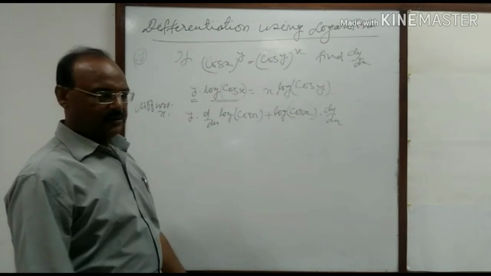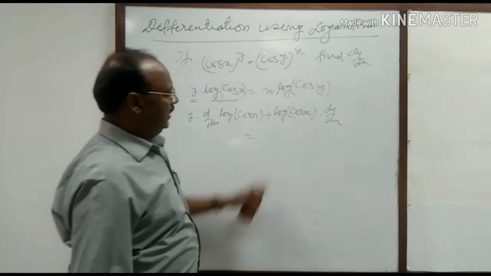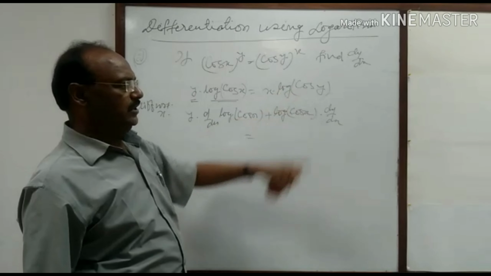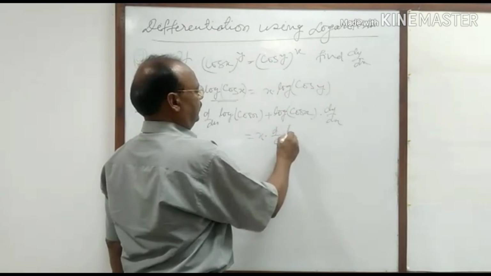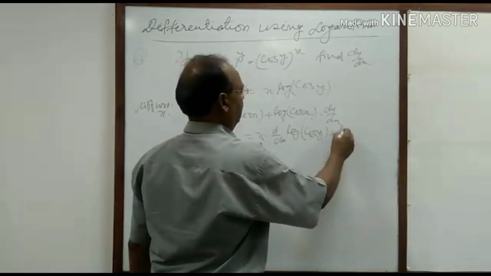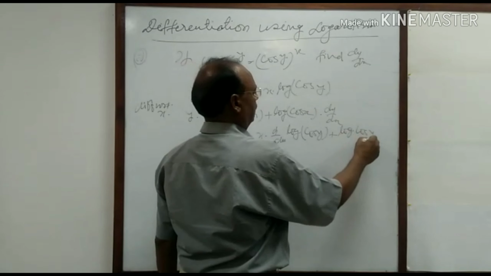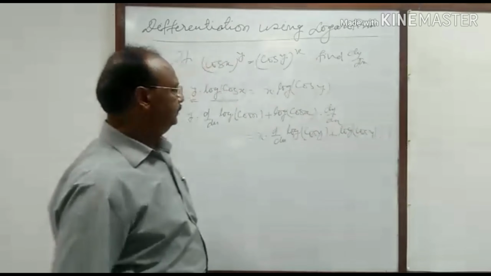Similarly, the right hand side is also a product of two functions, so while differentiating we will use the product rule here. This is first function, x, into derivative of second function, plus second function into derivative of first function, that is 1.